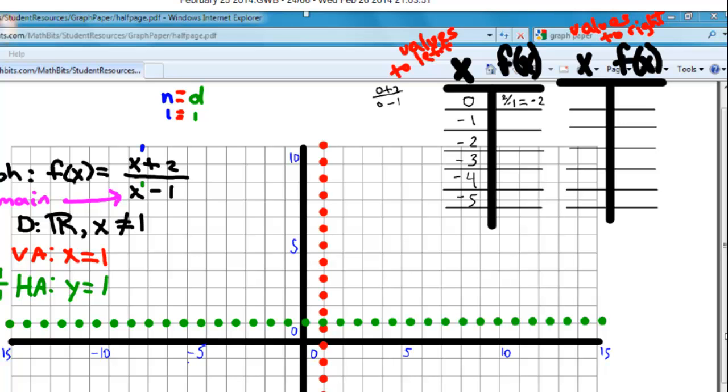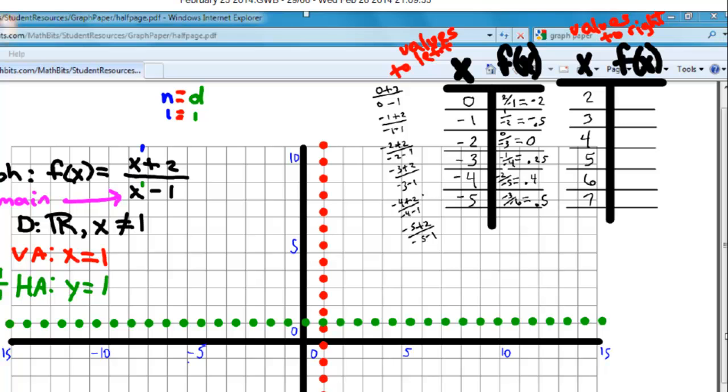When we plug 0 into the equation, we get 0 plus 2 divided by 0 minus 1. 2 over negative 1 is negative 2. And we continue this with the rest of the numbers on the table. Negative 1 gives us negative 1 plus 2 over negative 1 minus 1. This gives negative 1/2. Continuing for the rest of the table, we get 0, 1/4, 2/5, and 1/2.